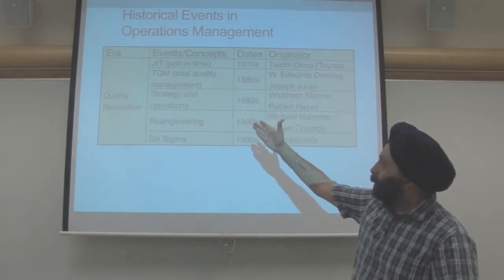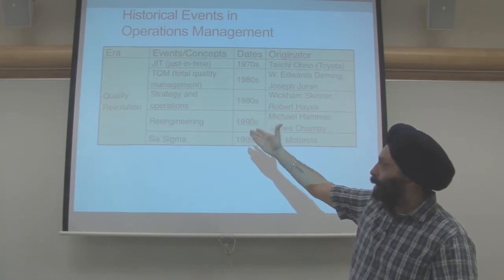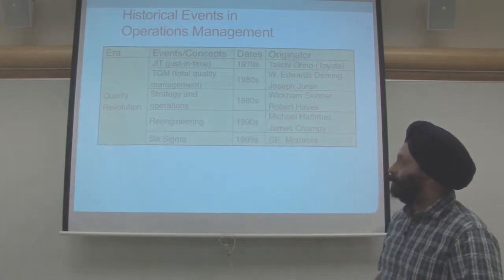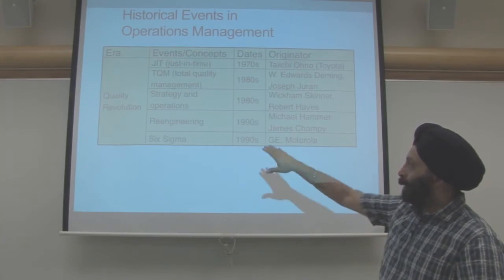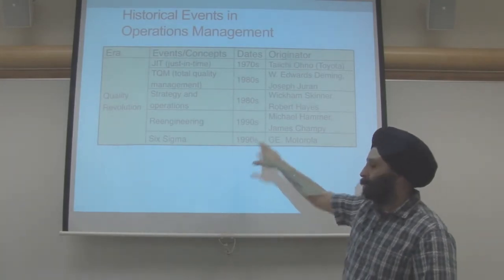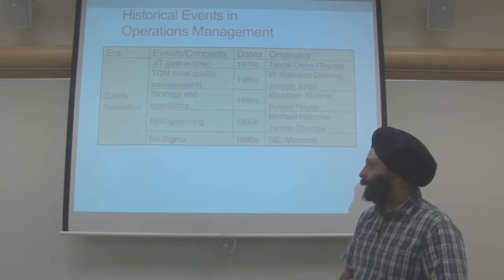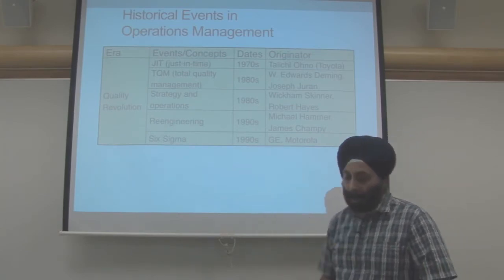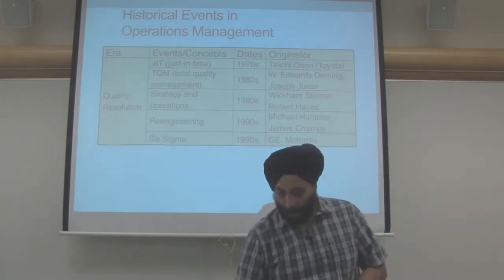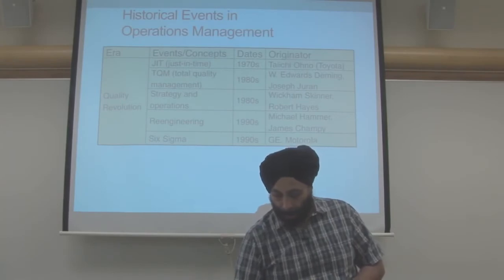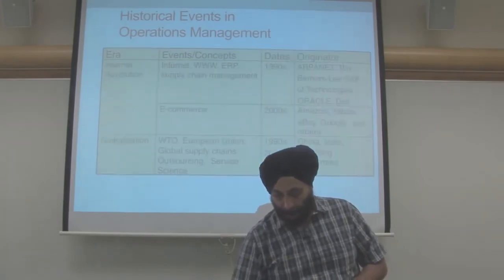And moving on to how quality was integrated into strategy and operations, as well as the re-engineering concept, which Champy and Hammer offered in the 1990s, and then Six Sigma, which came from Motorola, also coming in the mid-1990s.